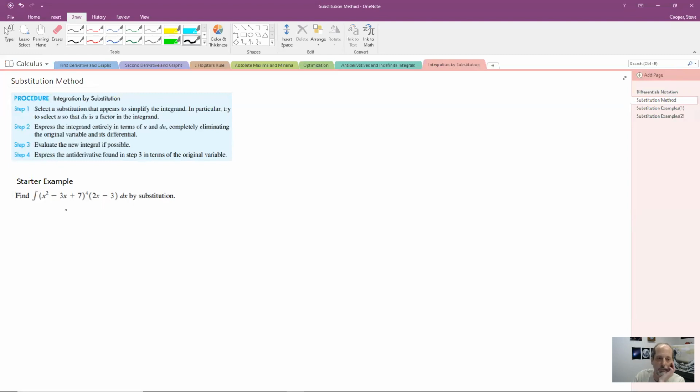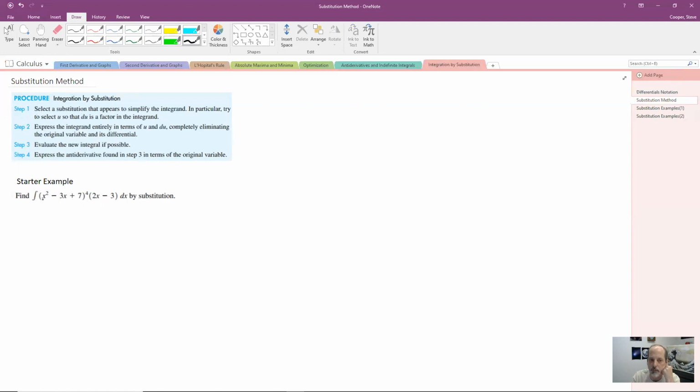So essentially what this is saying is figure out something that looks like it makes a good substitution. And typically, if it's like multiple polynomials, you want to pick the higher degree expression. So if you get it wrong, you'll start to get tangled up in something that doesn't work out, so you back up and try something new. But a good percentage of the time you can figure it out on the first guess.